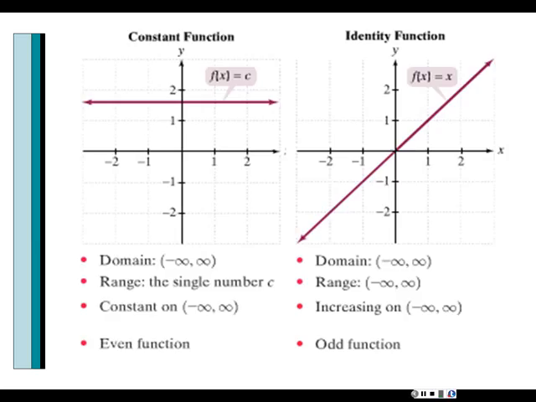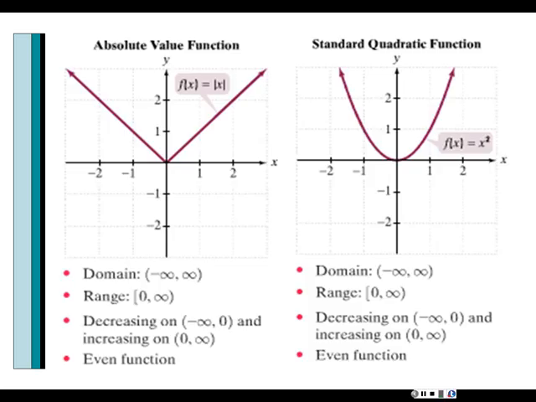Domain and range are negative infinity to positive infinity. It's an increasing function for sure, because from left to right it is increasing. For every single pair, if you compare the left and right point, it will be increasing. And again, it's an odd function.